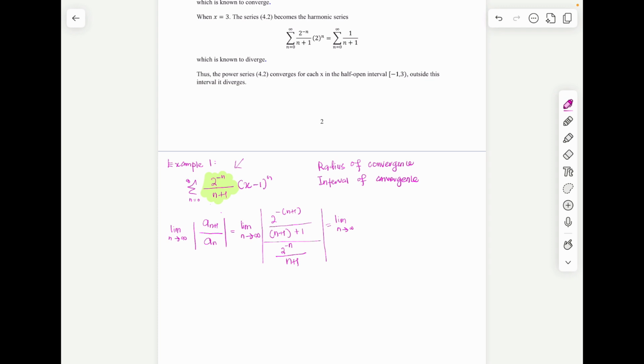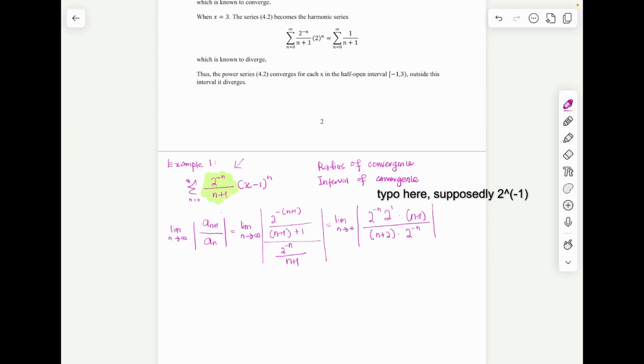I skip certain parts. So we have 2 to the negative n, times 2 to the negative 1, multiplied by n+1, over n+2 multiplied by 2 to the negative n, in absolute value.